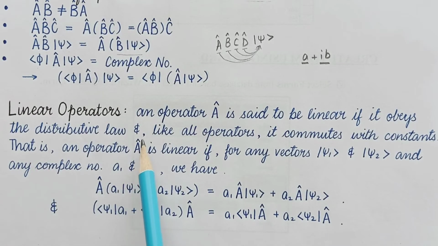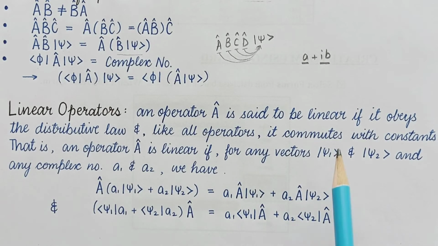That is, an operator A cap is linear if for any vectors ket psi 1 and ket psi 2 and any complex numbers a1 and a2, we have A cap (a1 ket psi 1 plus a2 ket psi 2) equals a1 A cap ket psi 1 plus a2 A cap ket psi 2, and (a1 bra psi 1 plus a2 bra psi 2) operated with A cap gives a1 bra psi 1 A cap plus a2 bra psi 2 A cap.